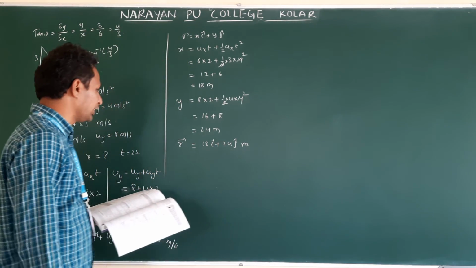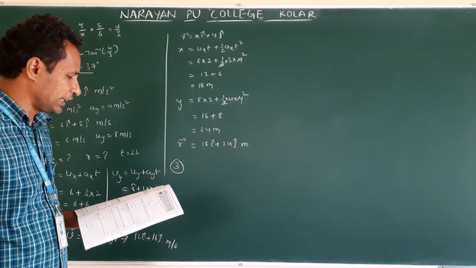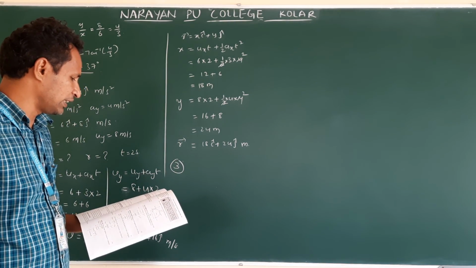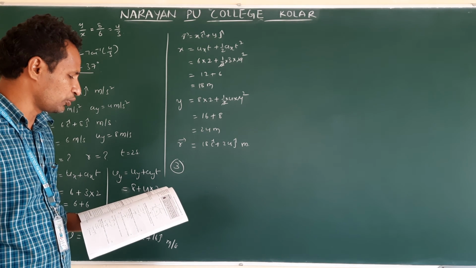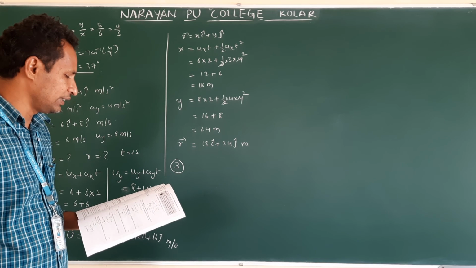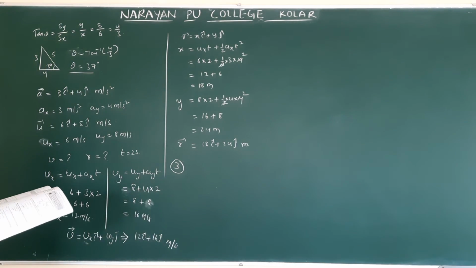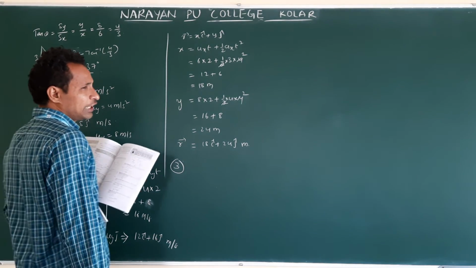Come to example 3. A particle moves in an xy plane such that coordinates are given by x is equal to 10 root 3 t, y is equal to 10t minus t square, and t is in time. Find the final velocity of the particle. They have given position vectors, I mean the x component and y component.